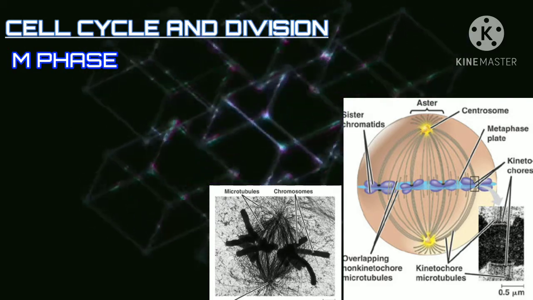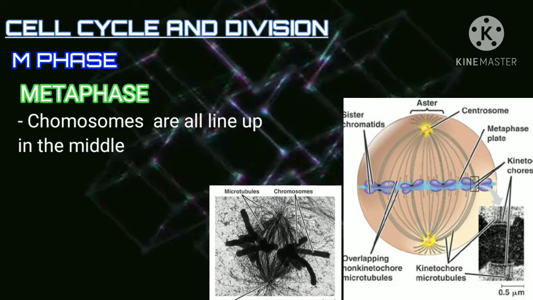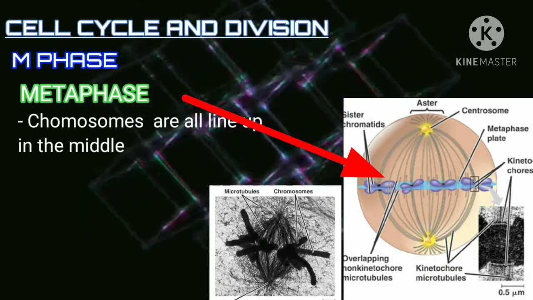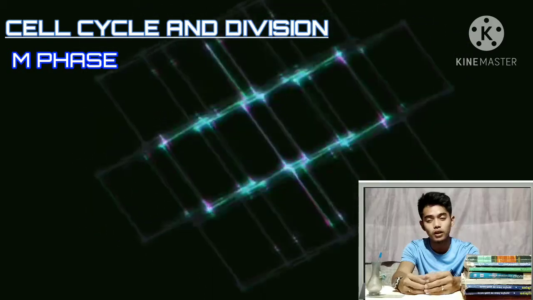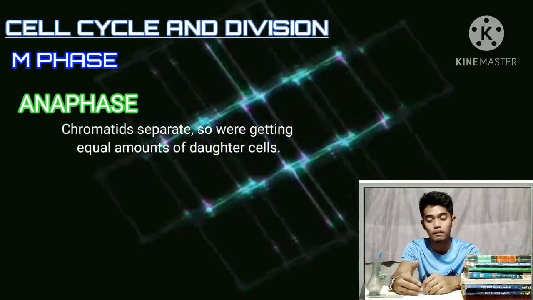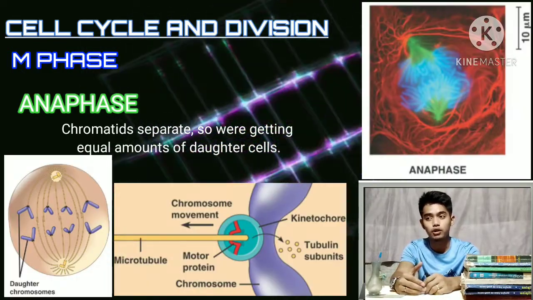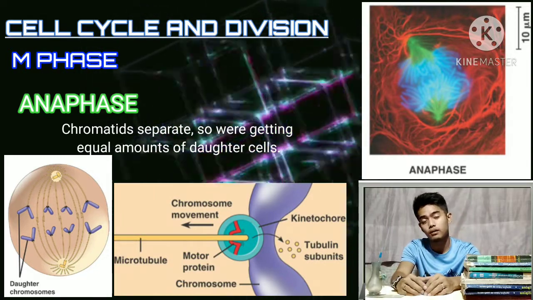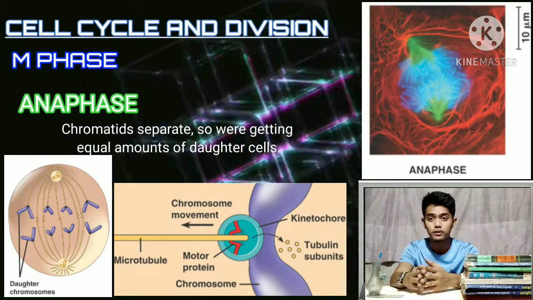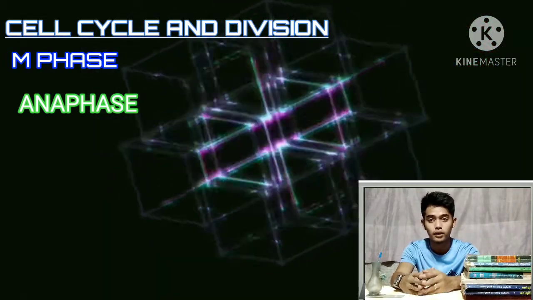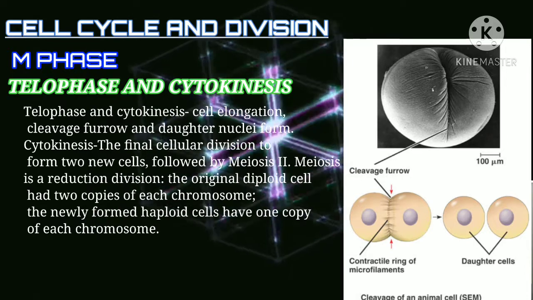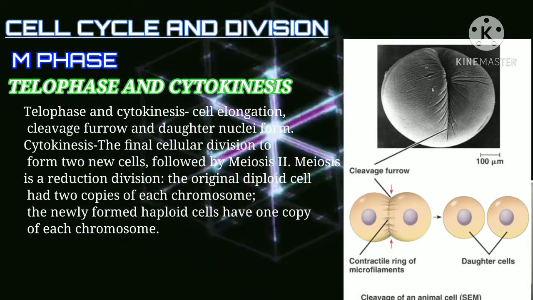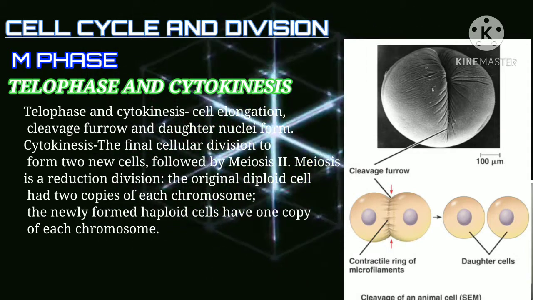In metaphase, chromosomes are all lined up in the middle. This is followed by anaphase, where chromatids separate, so we get equal amounts in the daughter cells. So just follow along in the video. In telophase and cytokinesis, the cell elongates, a cleavage furrow forms, and daughter cell nuclei form. So we have new cells.